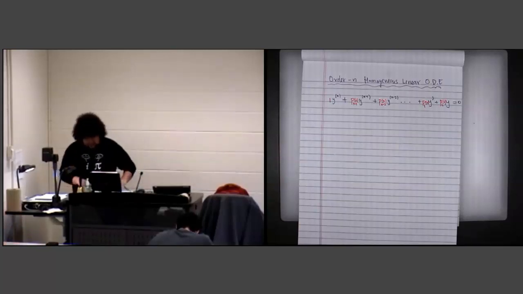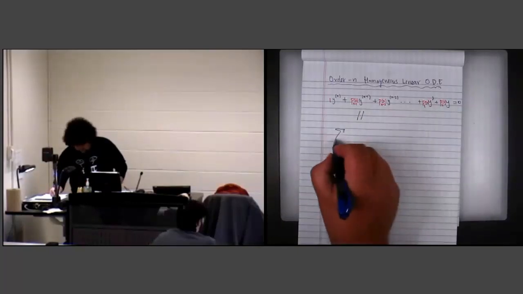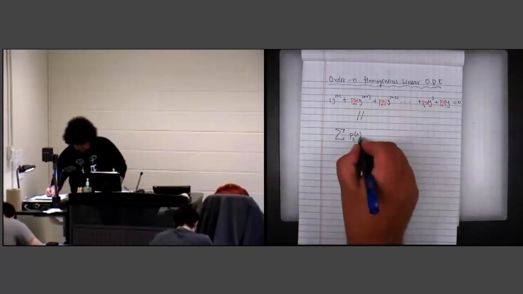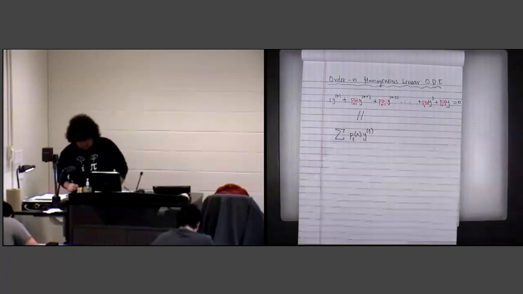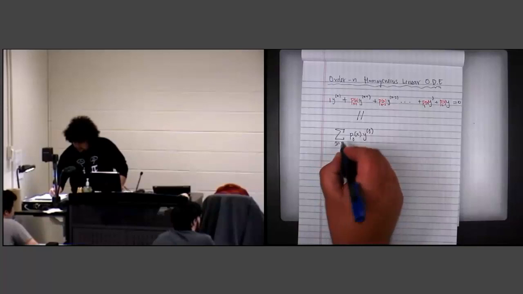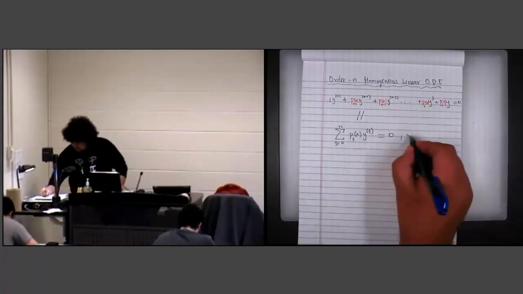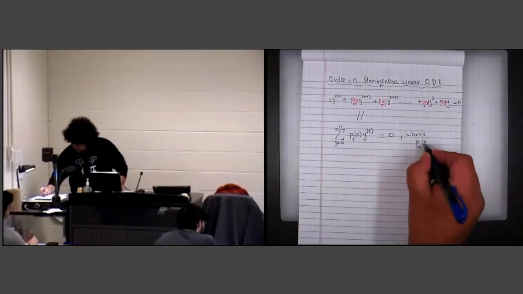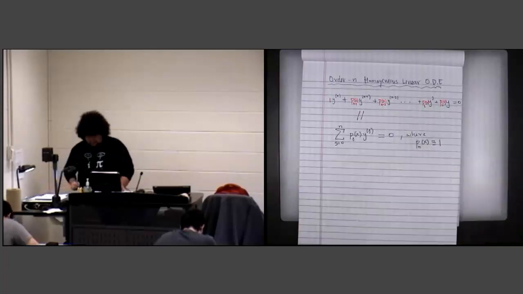So we could write this left-hand side as a summation of p sub j of x times the jth derivative of y, where this index j goes from 0 to n, and this is equal to 0, where the nth coefficient here, p sub n of x, is assumed to be 1.